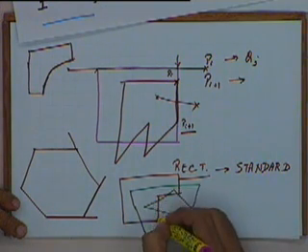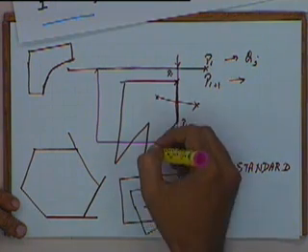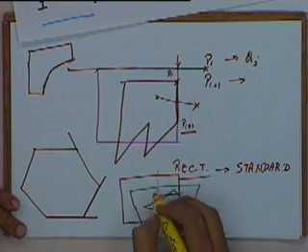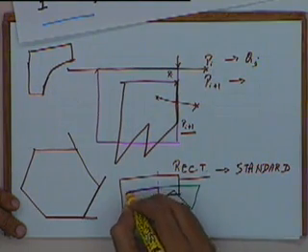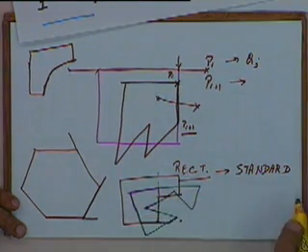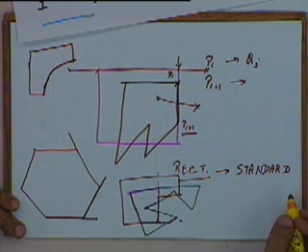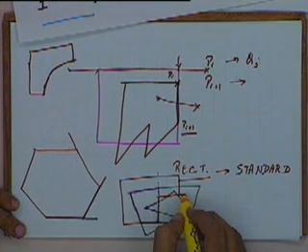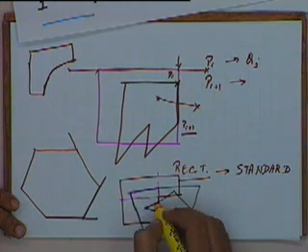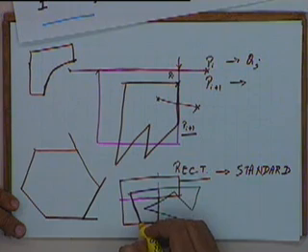Then I clip with respect to this edge. When I'm clipping with respect to this edge, my polygon will get changed to this. Then I'll clip with respect to this edge. Okay, and my polygon will get changed to this.